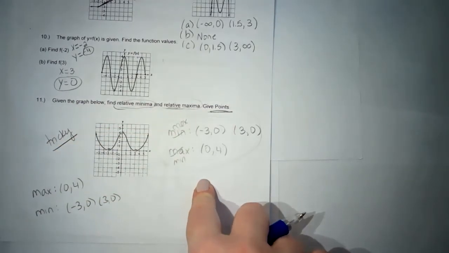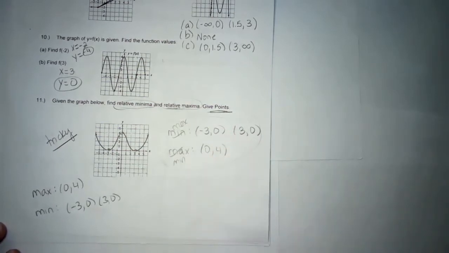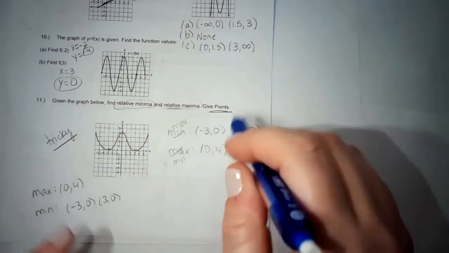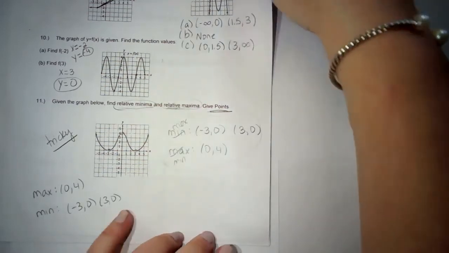And if you're not paying attention, you're going to see the points and go, oh, that's the one, and you'll mark it correct. And it's not right. And because it's multiple choice, I can't give you any points. So make sure that you not only find the points, that you're really clear about which ones are the maximum and which ones are the minimums. I hate that question, but I can't take it off. So, okay, just pay really close attention.